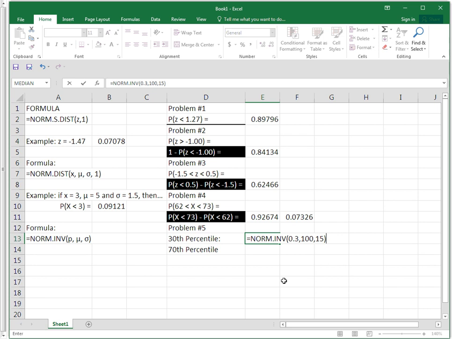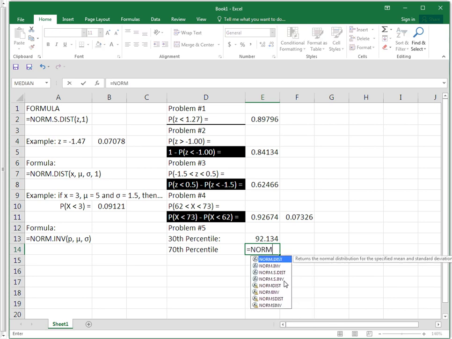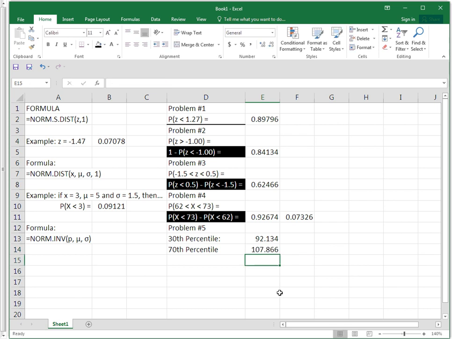But we're interested in the exact score, so we're going to get 92.134. Well, how about that 70th percentile? Same procedure. Norm.inv, here's the function. Our probability in this case is 0.7, with mean 100 and standard deviation of 15, which gives us a score of 107.8.